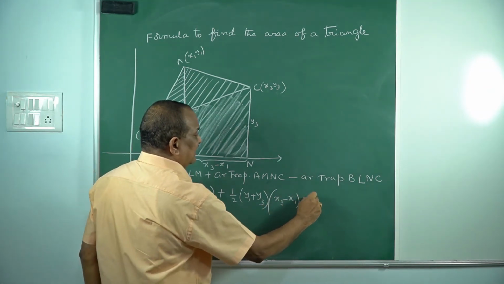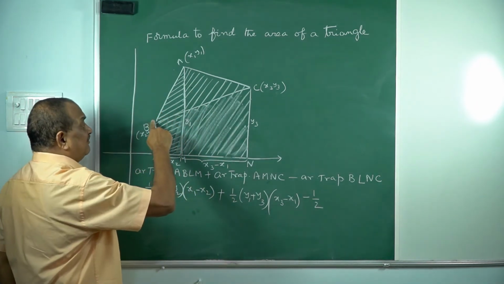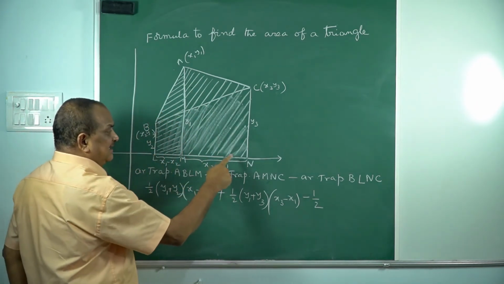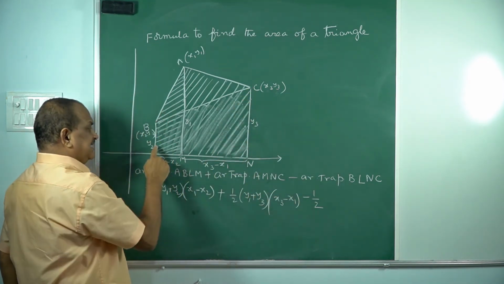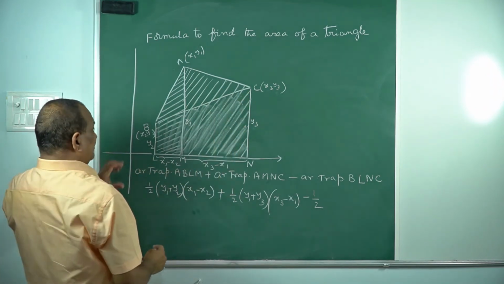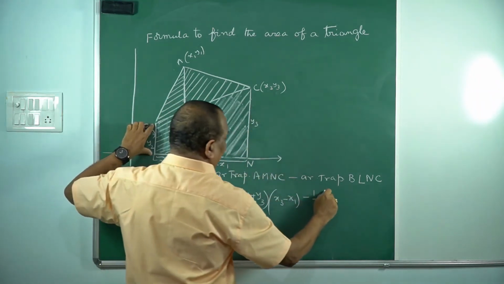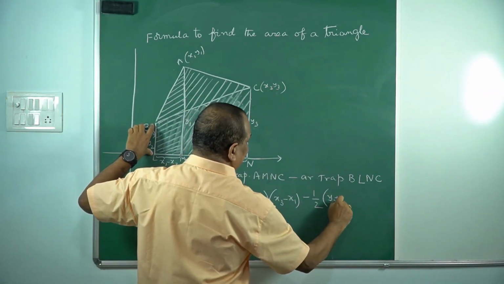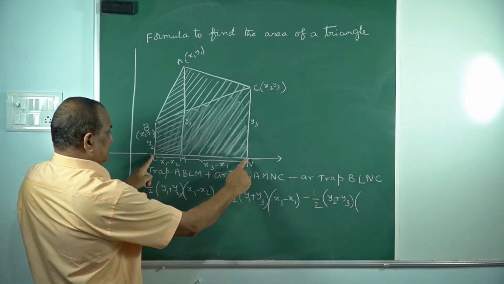And finally, I have to subtract the area of B, L, N, C. That's what I have to subtract. Sum of the parallel sides: this height is y2, this height is y3, so y2 plus y3, times the distance between these two.